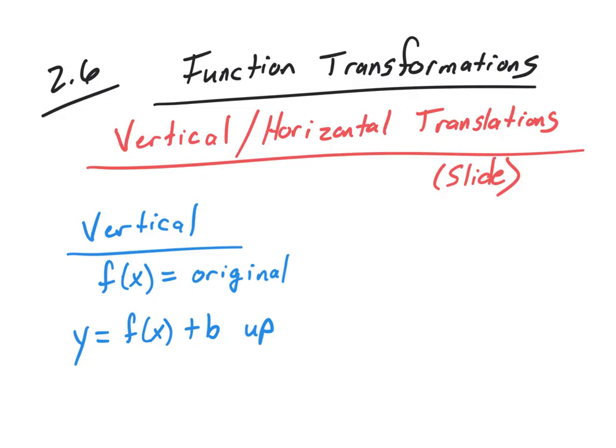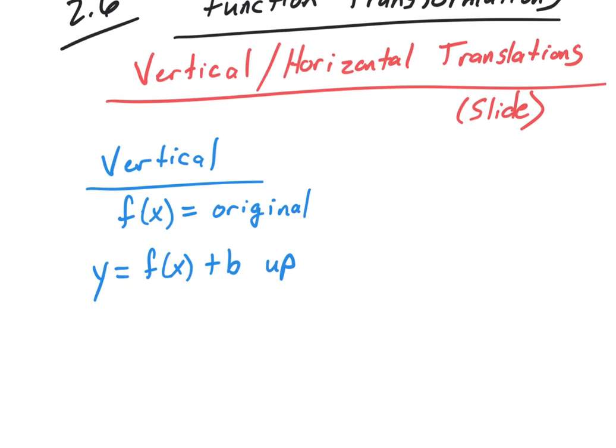Okay, if I did it the other way and said, let's take that original function and put a minus at the end, then that's going to move it down b units, whatever that number is. Okay, and so a vertical movement is going to be at the end or after the function.